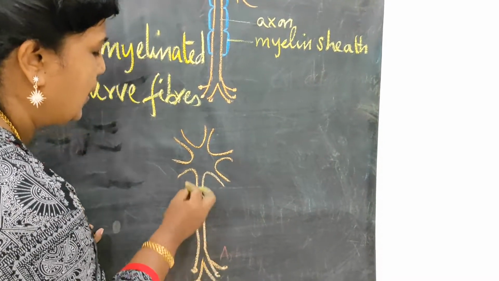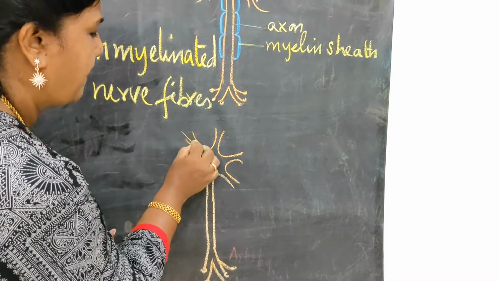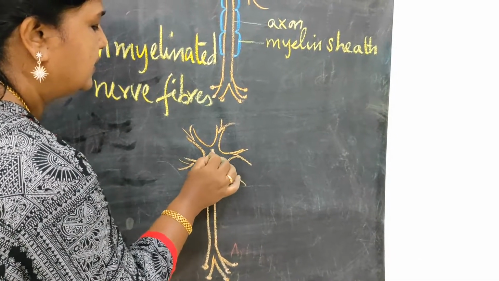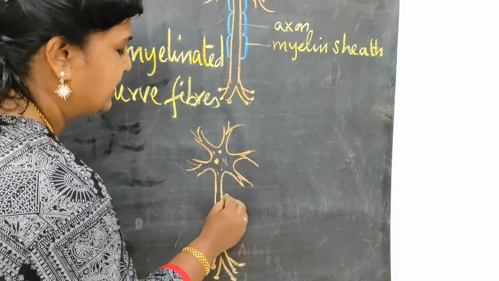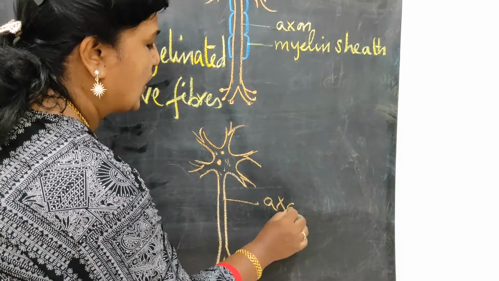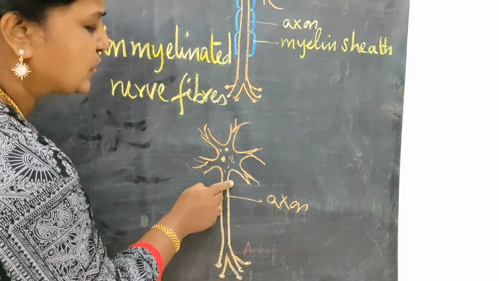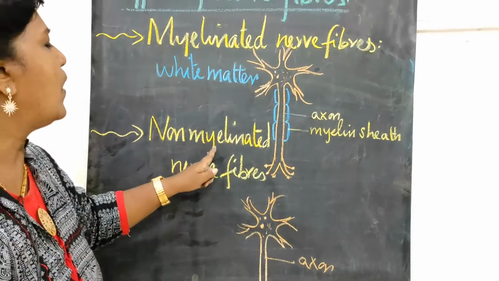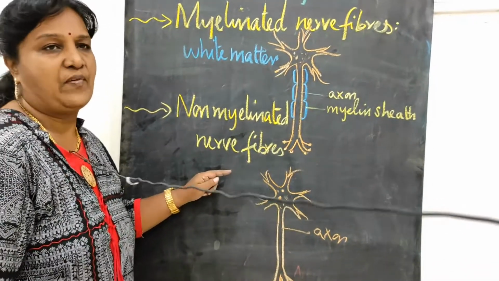This is the neuron, isn't it? And here, this is the axon. If this axon is not covered with myelin sheath, it is said to be non-myelinated nerve fiber.